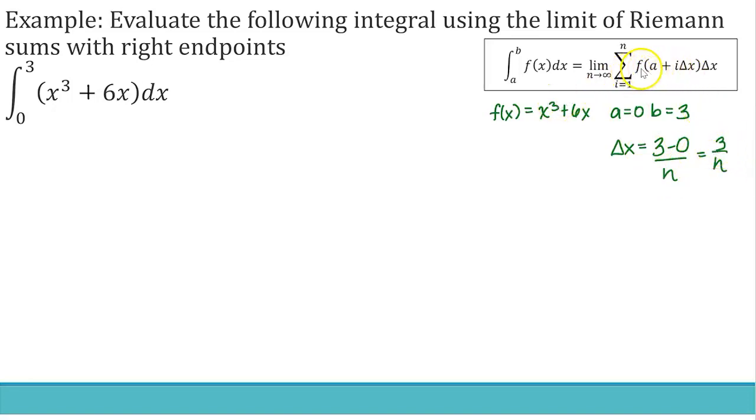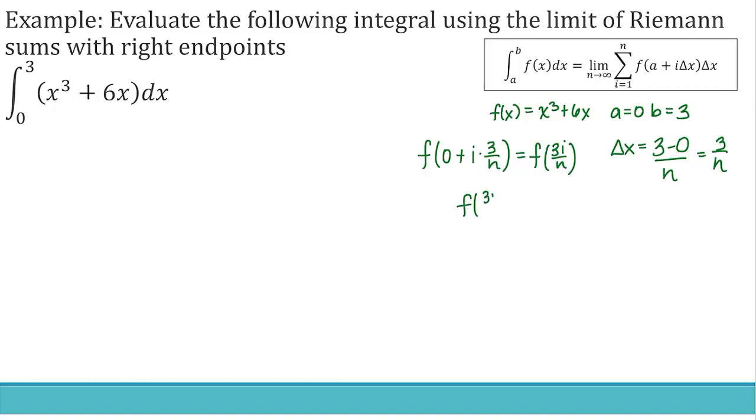And so in order to do the limit of this sum, I need f of a plus i delta x. So I need f of 0, which is a, plus i times delta x, which is 3 over n. So I need f of 3i over n. That's the quantity I'm going to need to do this limit of this Riemann sum. So I have to plug 3i over n into each x in the f of x function.